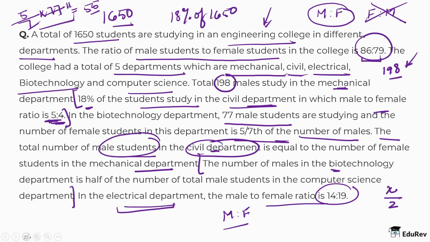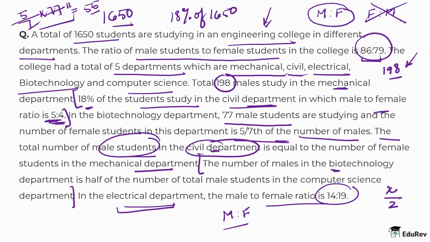Now there are a few things which you need to keep in mind before we proceed with solving this caselet. First things first, it seems that there is a lot of information, but when you actually read and understand this, it's very simple. It's just a few numbers given in the form of percentages and ratios, which in crux only explain the total number of students, the male students and the female students in each and every department, and there are in total 5 departments.